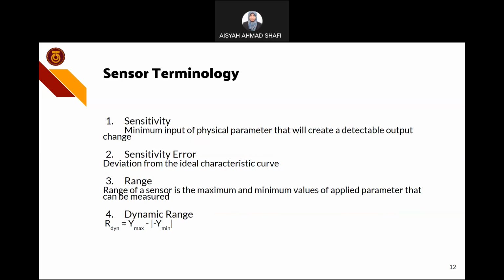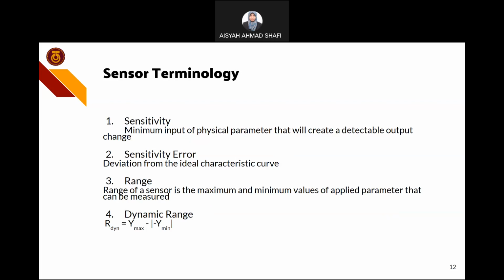This is the sensitivity. And sensitivity error is the deviation from the ideal characteristic curve. This is similar to the previous chapter, where we have the gradient. If after we measure, it is different from the ideal characteristic curve, it is categorized as sensitivity error.